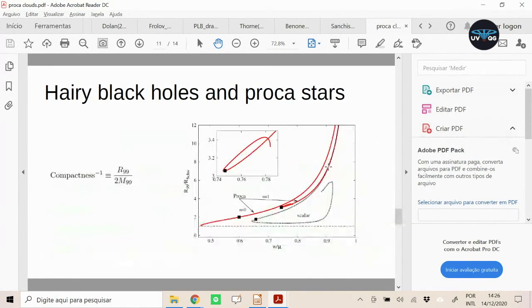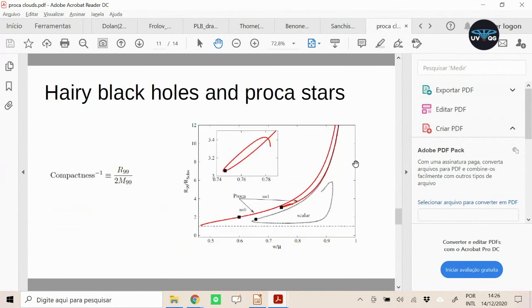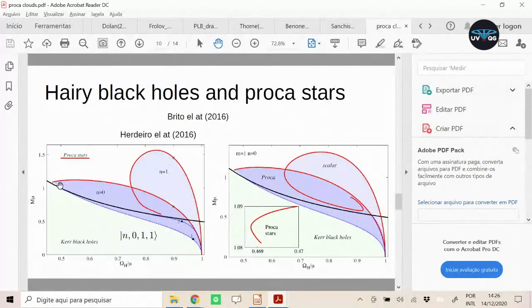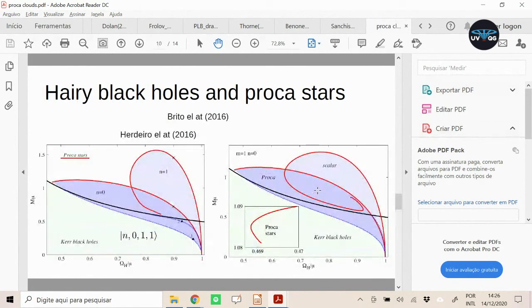Because you are considering a scalar hair. So the solutions can be from any part of these shaded regions, right? But the red lines represent Proca stars, or scalar stars. But when you have black holes, how heavy can the cloud be? How much mass can you concentrate in the cloud?